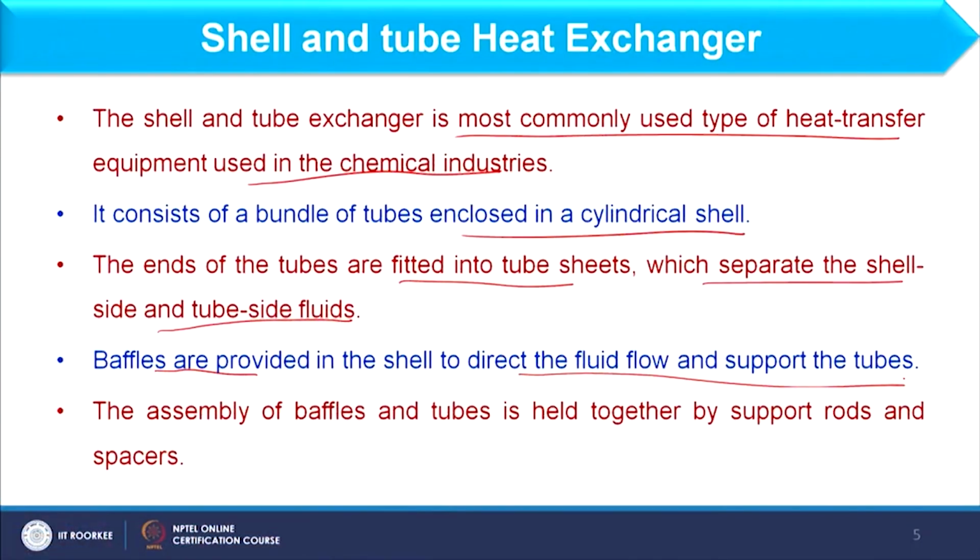So, the assembly of baffles and tubes is held together by support rods and spacers. What are support rods? A support rod is basically a rod which is inserted in the tube sheet, and that rod also contains spacers. What are spacers?